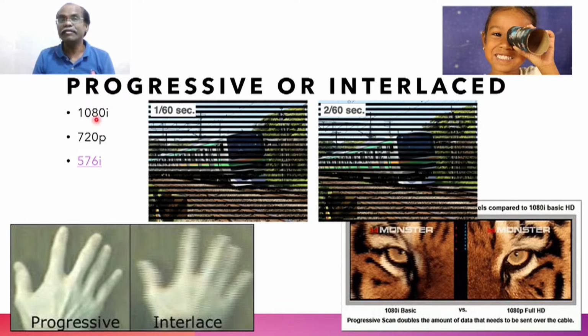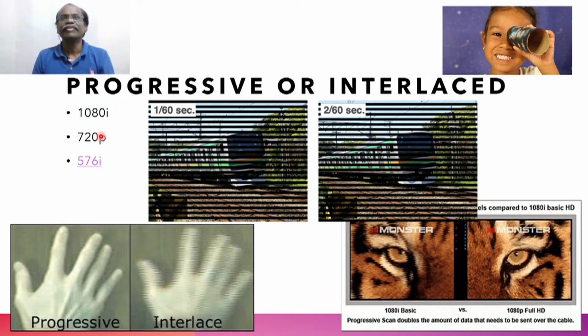We have seen it's the height of the video, 1080 pixels in the vertical direction, plus it is interlaced. The video is interlaced video. If they say 720p, that means 720 pixels but progressive, perfectly captured. Interlaced is old technology. Progressive is the latest technology. So if you are going to buy a TV, you should see whether it is I or P. You have to buy P only. Don't go for I.